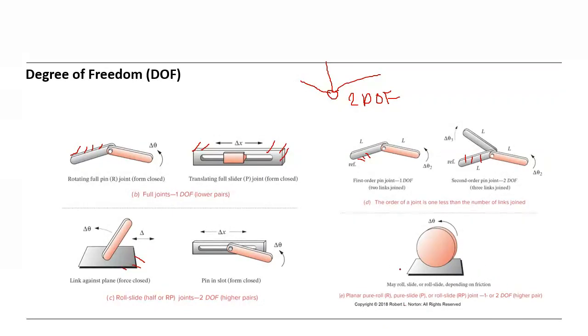If we have rotation and translation, then we say 2 degrees of freedom. If we have only rotation, then 1 degree of freedom.